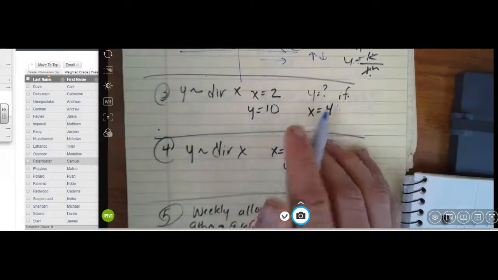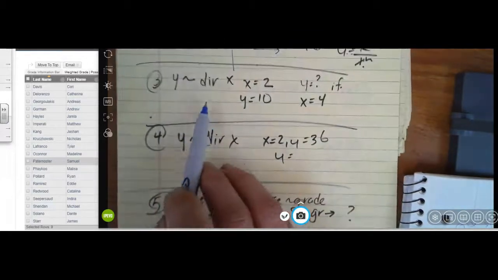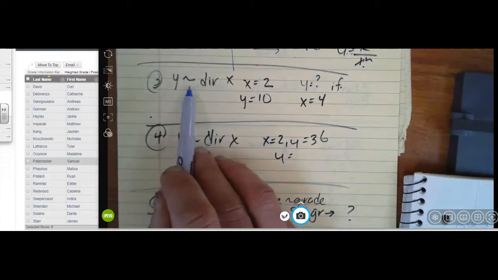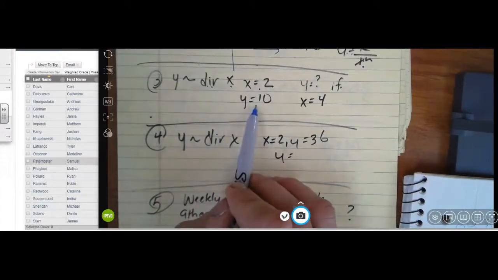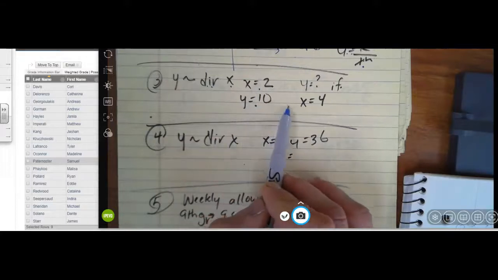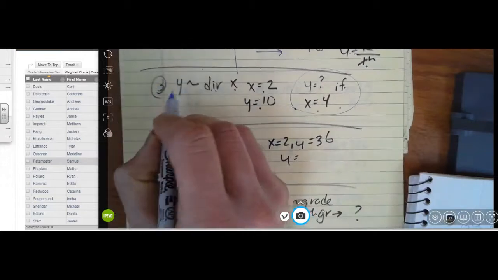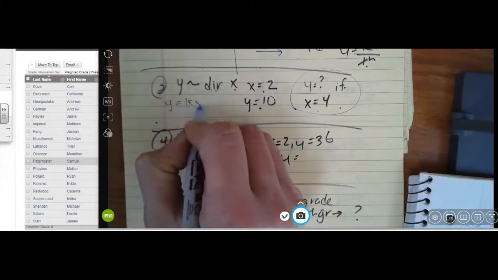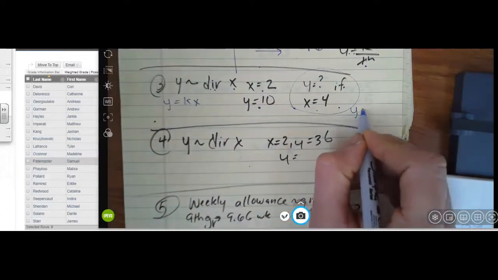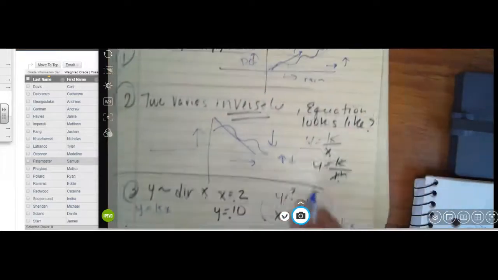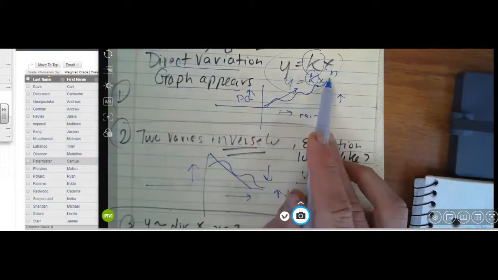Okay, so opposite. Now we get into equations where they say y varies directly with x, and x equals 2 and y equals 10, and then they want us to use that information to find y if x equals 4. What that really means is you have to solve the following equation first, get the k, and then put the k over here. So we write down y equals kx, because remember, we said direct variation is a linear expression like y equals kx.